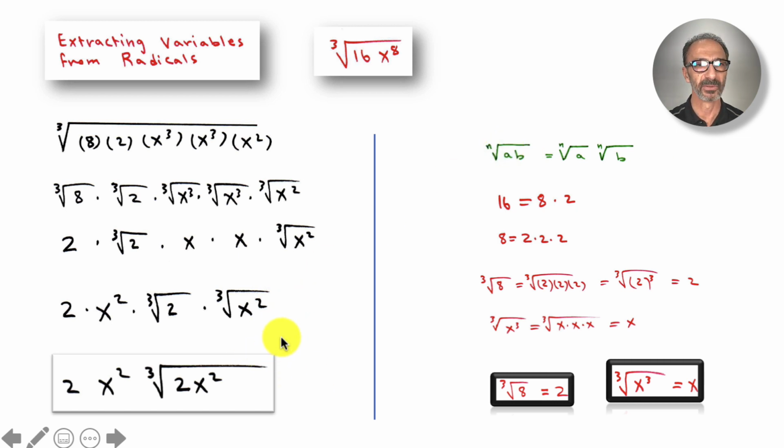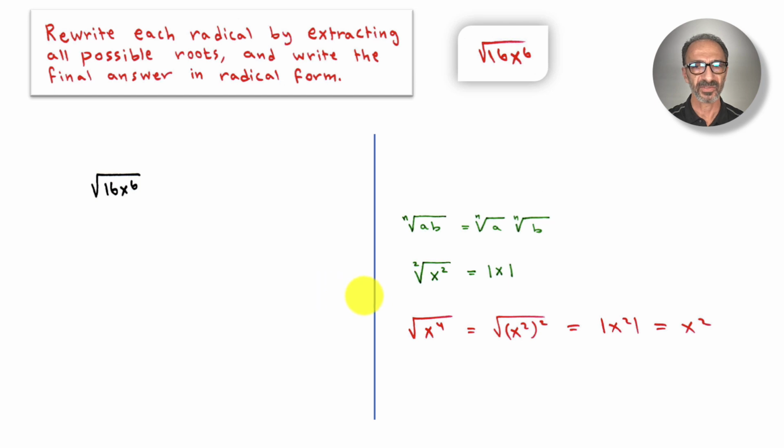Let's move on to the second problem. We have 16 x to the 6. If you think about 16x to the 6, we could split them into 16. 16 is going to be handled. Square root of 16 is 4.